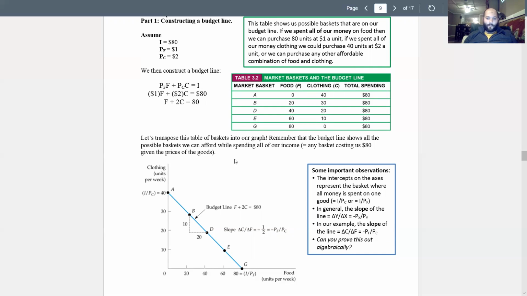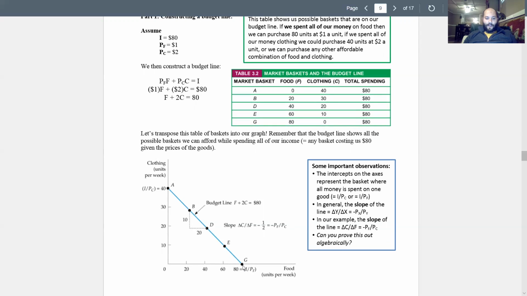Once again, you could just plot out a bunch of points, B, D, E, and so on, and connect them. I'm recommending if you're plotting out a budget line, you just look at the intercepts because those are easy to calculate. Here we calculate if we spend all of our money on clothes, how much clothes do we buy? Our income over the price of clothing.